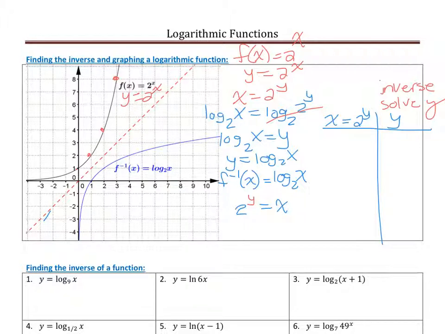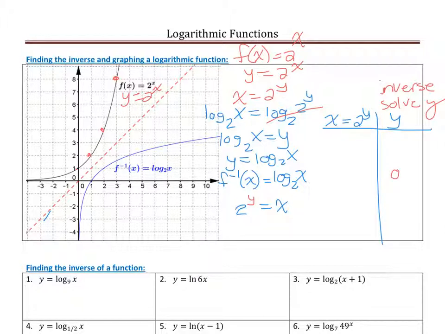Normally we would pick some values for our independent variable and calculate the dependent output. But in this case, it's probably easier to go in reverse. So let's just pick some values for that exponent y and go back and calculate the independent variable.